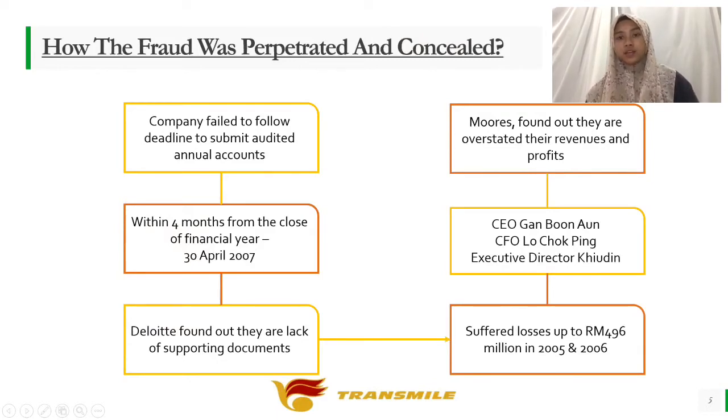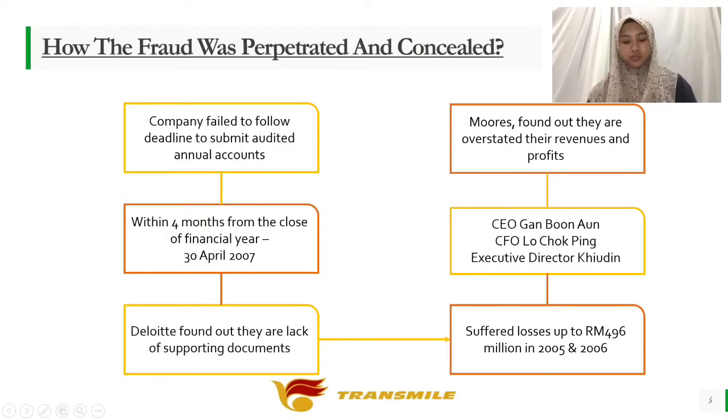Because of this, the Board of Directors hired a special auditor, Moore Stephens Risk Management, to handle this case. And what they found is that Transmile has materially overstated its revenues and profits, even from 2004 in the audited annual accounts.